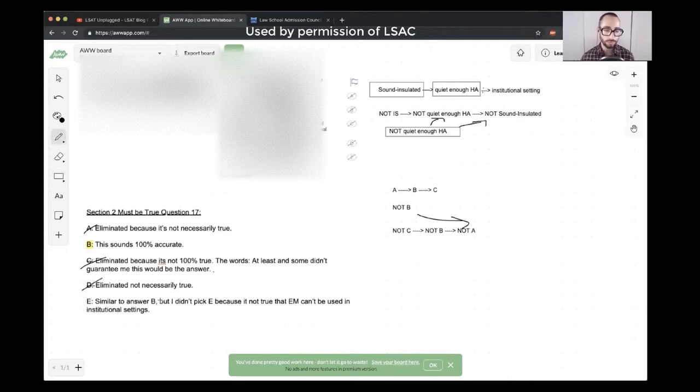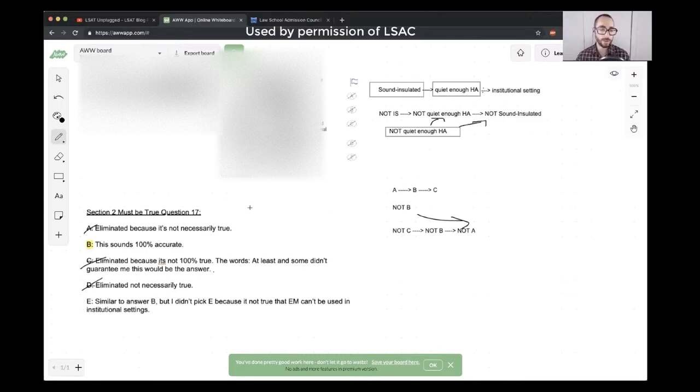Then looking at E, similar to B, I didn't pick E because it's not true that EM can't be used in institutional settings. So of course B was correct. I'm not sure if maybe this was a typo or mistake here, but I didn't pick E because it's not true that EM can't be used in institutional settings.